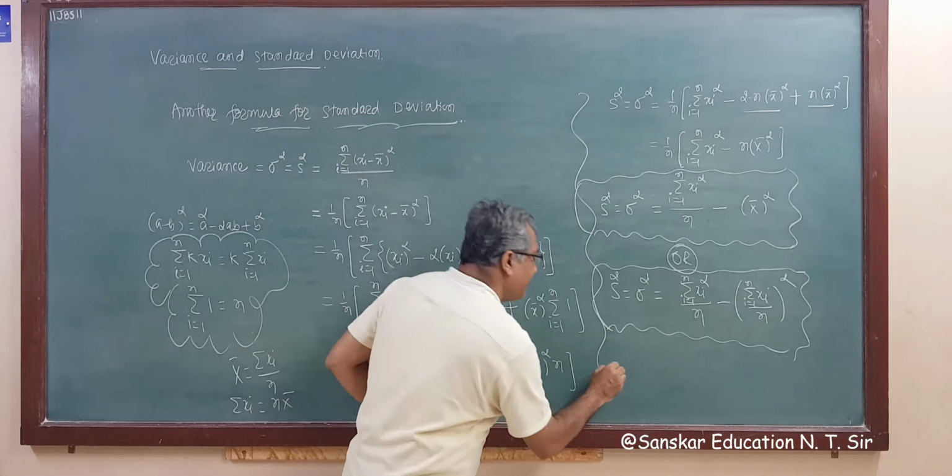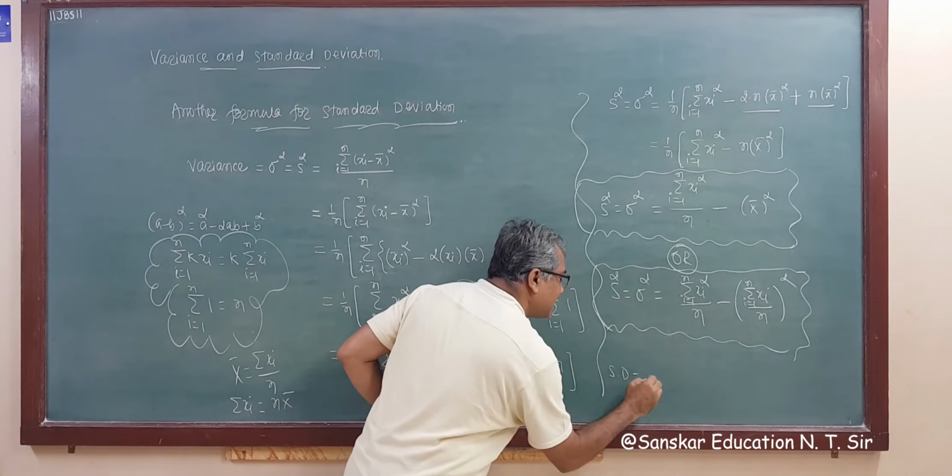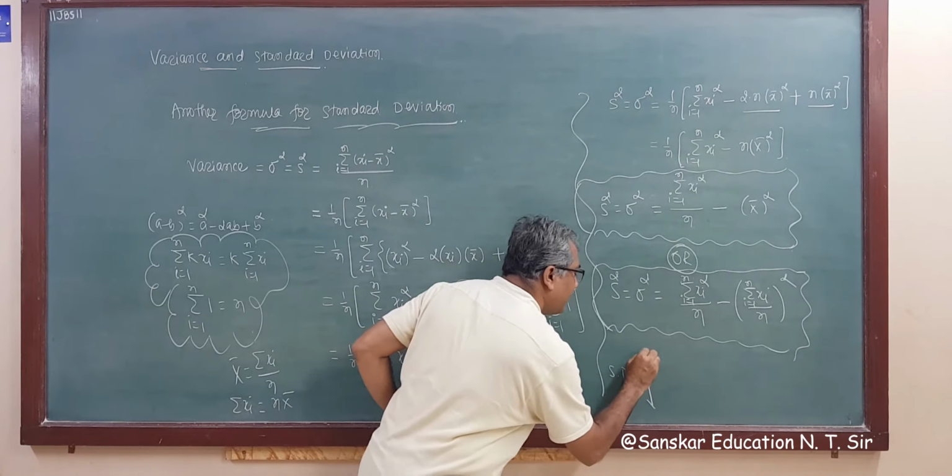So what is standard deviation? Standard deviation is equal to the positive square root of variance.